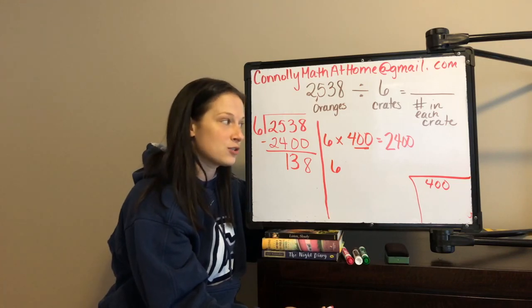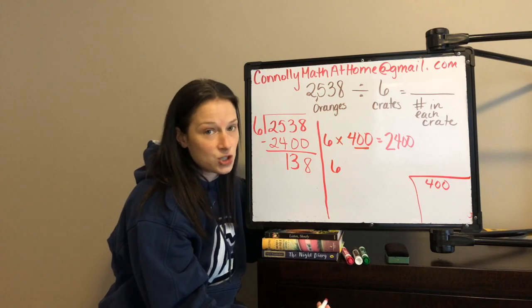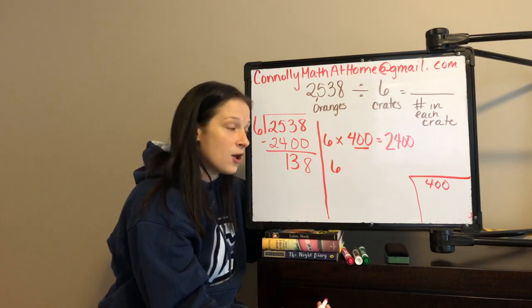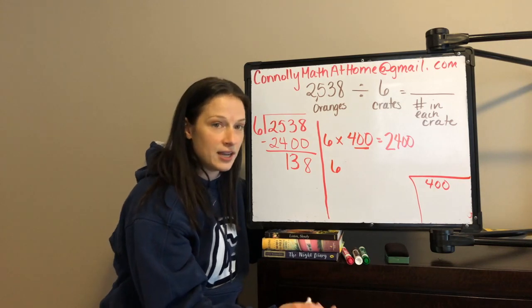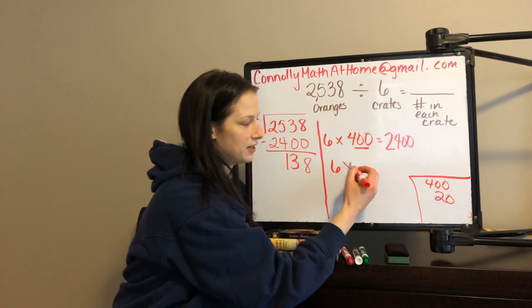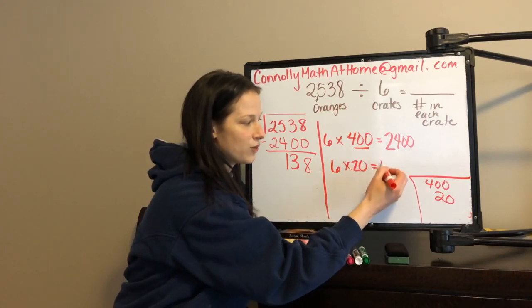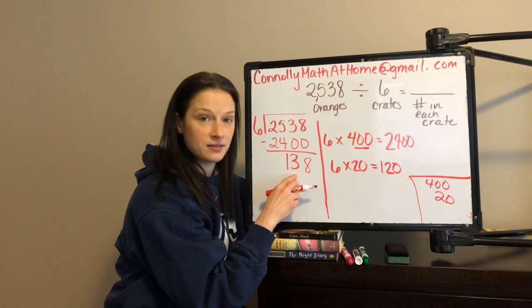So I know 6 groups of 10 would be 60 oranges. So I could put 10 in each crate and that would use 60 oranges. Or I'm thinking if I put 20 oranges in each crate, that would be 120 oranges. And that gets me closer to 138.